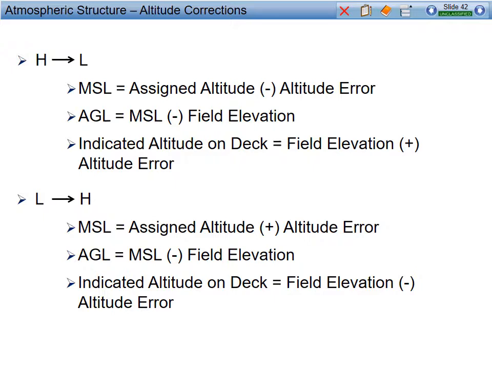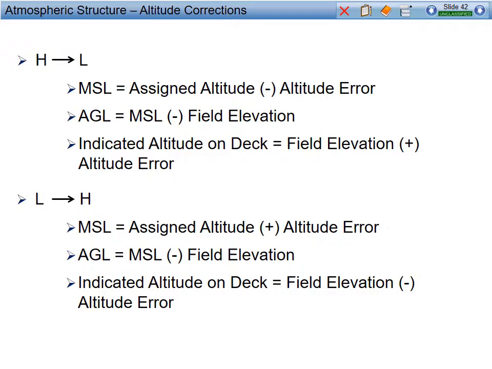Then, taking that true altitude, which you computed, you will subtract the field elevation of the destination you're going to. The difference between your true altitude and the field elevation at your destination would be your AGL, or absolute altitude, over your destination airfield when you arrive.